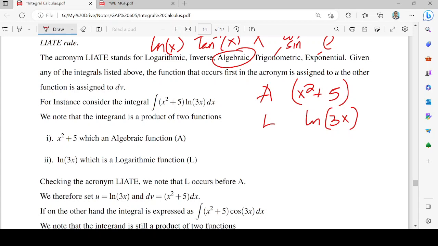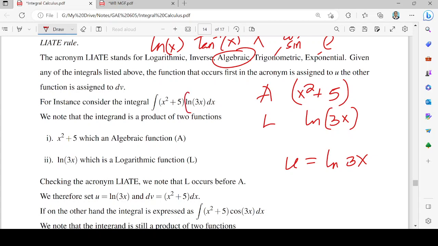Looking at our acronym, we check which one occurs first, A or L. We say L is the first one, logarithmic. A comes later, meaning that we are going to assign u to the logarithmic function. So we assign u to be logarithm of 3x. Now the rest becomes dv.